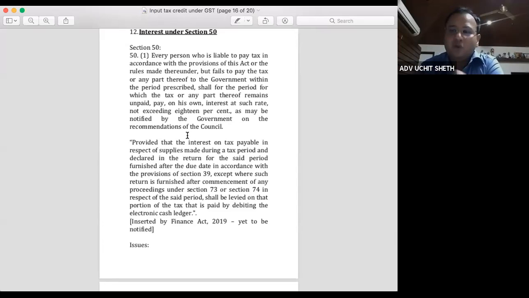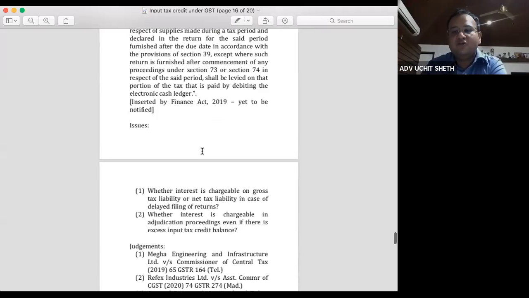This proviso will not help me in avoiding interest, because it is applicable only to matters other than proceedings under 73-74. So if under 73-74 I am found liable to tax, even though I pay that tax out of my electronic credit ledger, the adjudicating authority will charge interest.